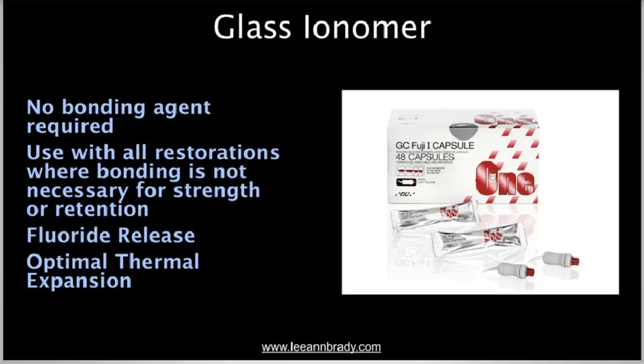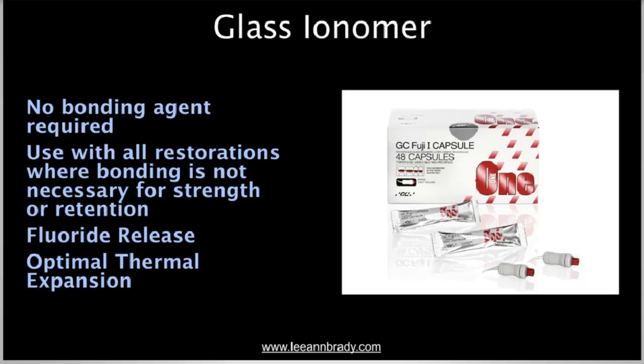That matters as the patient creates thermal cycling in their mouth. They're drinking something cold, drinking something hot, or eating ice cream and drinking hot tea at the same time, really magnifying that thermal expansion. Because it responds very similarly to the tooth structure, you don't get a breakdown of the fit of the restoration and of the cement layer the way you can with other materials that we use.